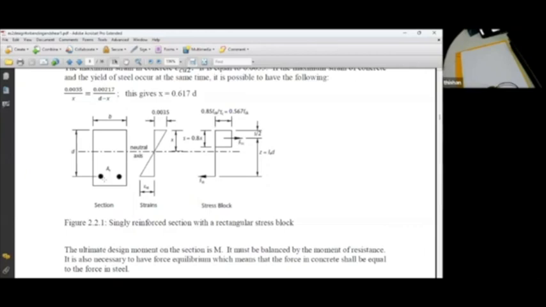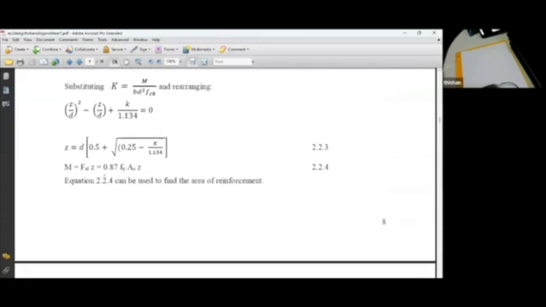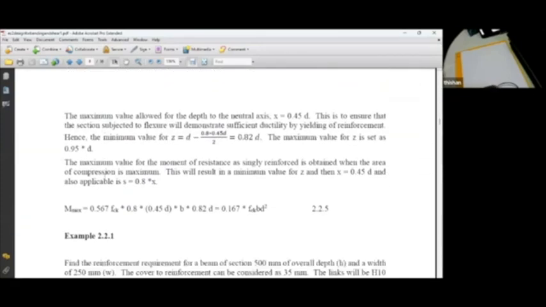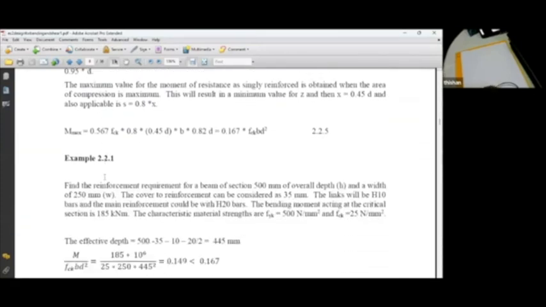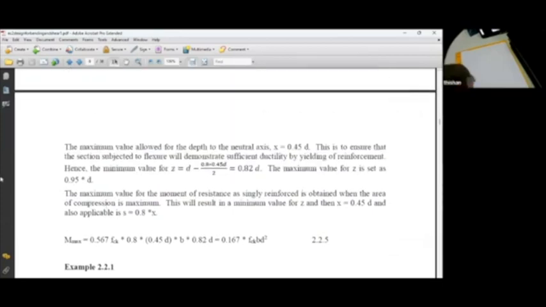Now, how many of you undertake moment redistribution when you are doing the designs? How much moment redistribution do you undertake? These are important questions. Also, I would like the beams to be singly reinforced. I'm going to explain some of those things now.